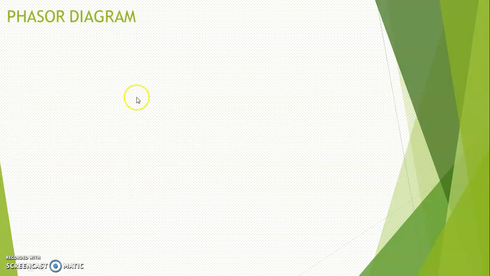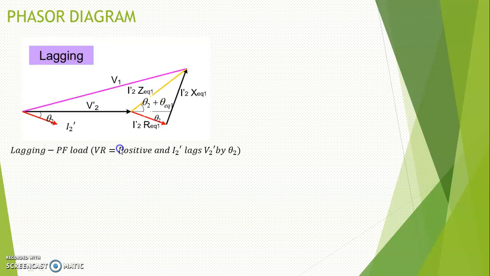For the Phasor diagram, there are three different types, depending on the load condition. First is the power factor lagging condition. For the power factor lagging condition, usually the voltage regulation has a positive value, and the I2 prime lags the V2 prime by theta 2, because I2 is lagging the V2, so that's why we call it a power factor lagging.